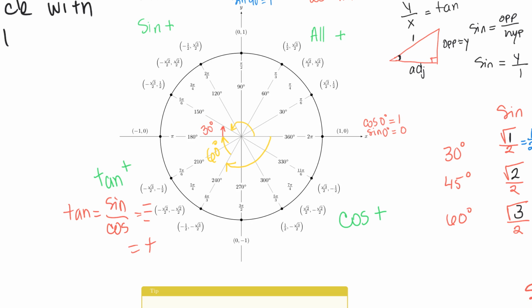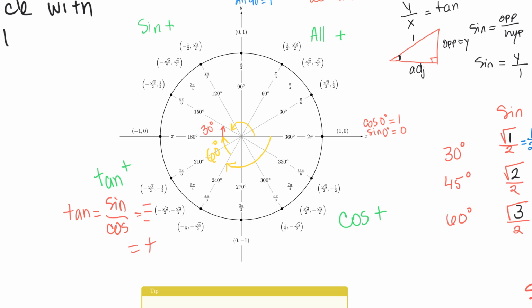That is how you are able to figure the sine, cosine, and tangent of all the important angles around the unit circle, only knowing the first quadrant.